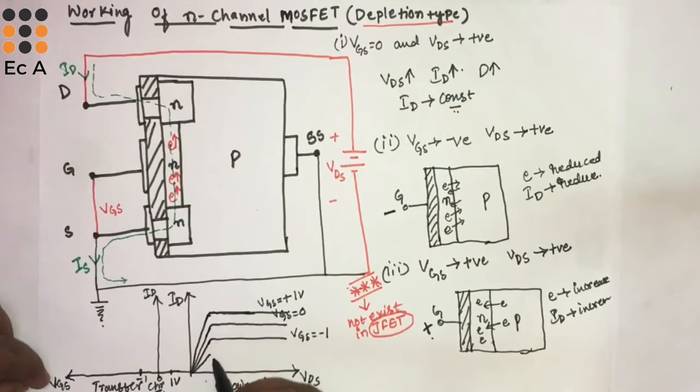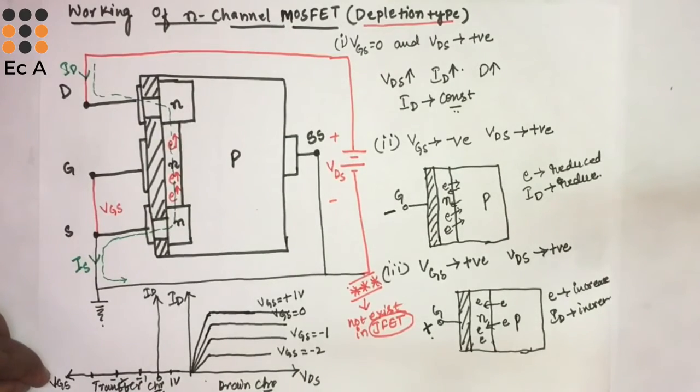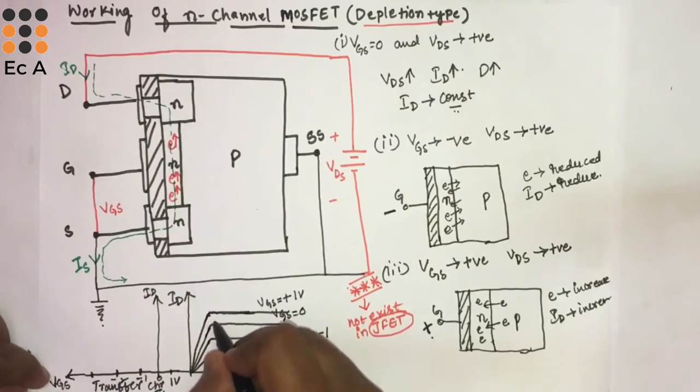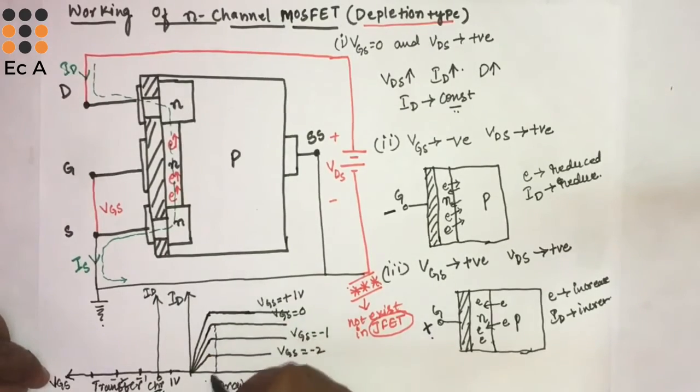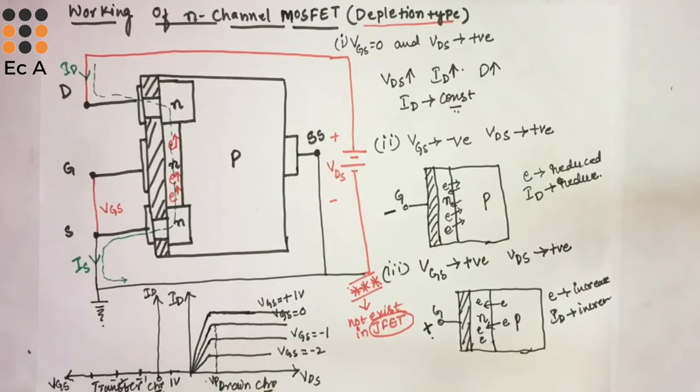Again let us draw a graph for -2. Let us say VP is 3 volts. So the VP which we obtained, the pinch off voltage, is 3 volts. So at VGS equal to -3 volts, current will become constant.